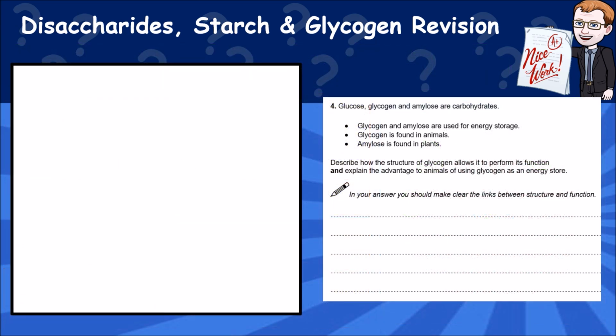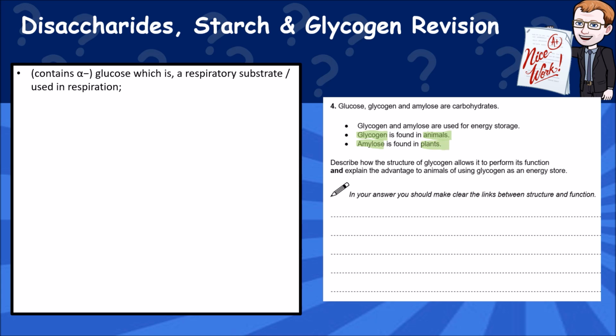Right, if we just look at a quick question. Glucose and glycogen and amylose are carbohydrates. Glycogen and amylose are used as an energy store. Glycogen, like I said, is found in animals, and amylose is found in plants.